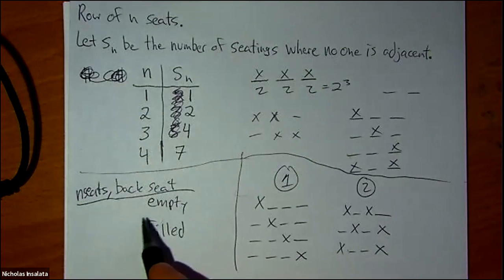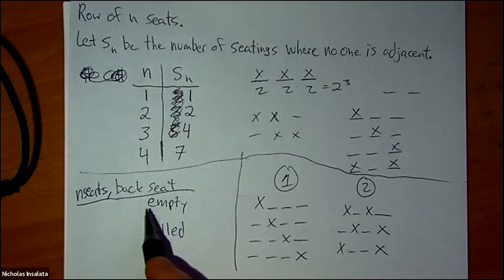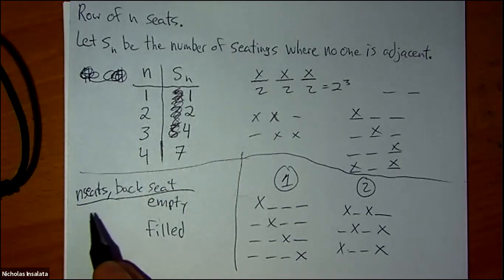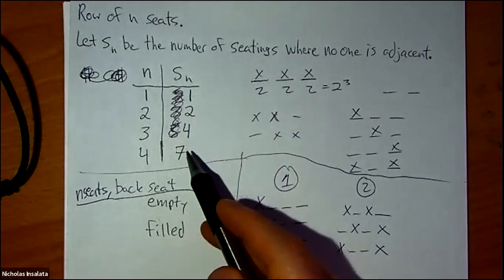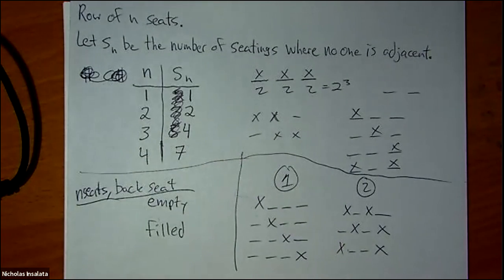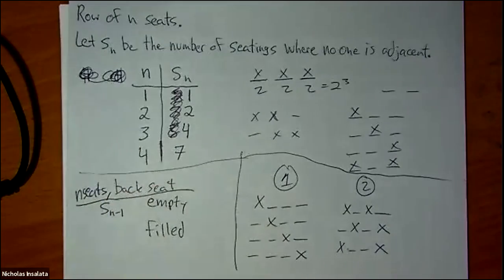The back seat is empty, right? So the previous string could end in a student or an empty seat, doesn't matter, right? So here, how many seats are we trying to fill? Well, n minus one, right? And how many of our s sub n minus one would we be able to use if the back seat is empty? Any of them, right? Cool. So that would be s sub n minus one.